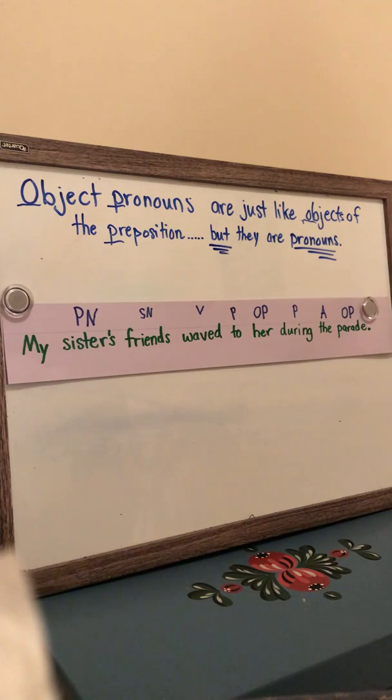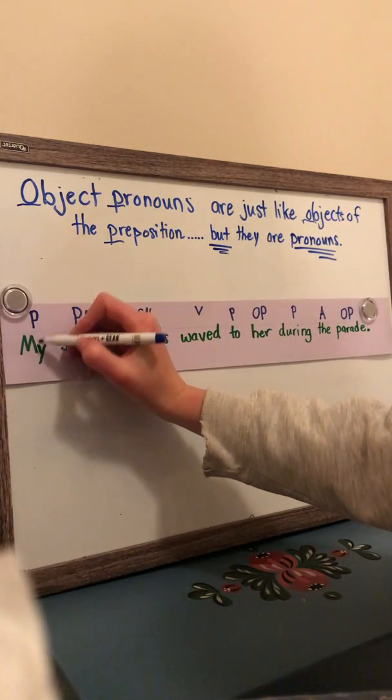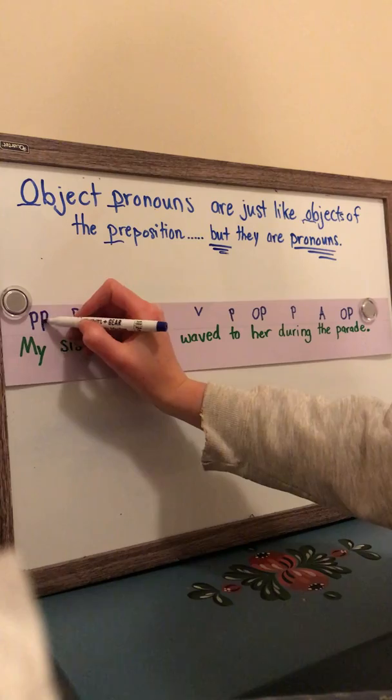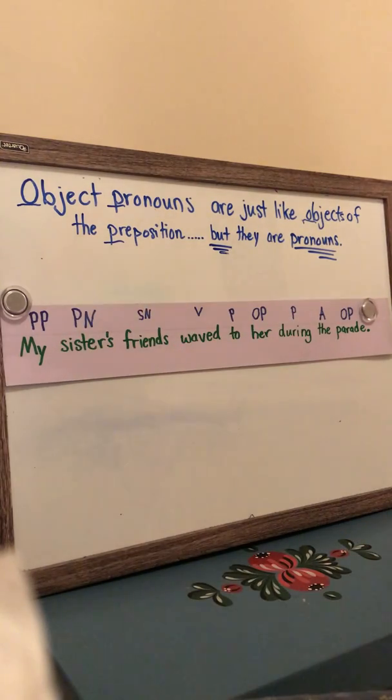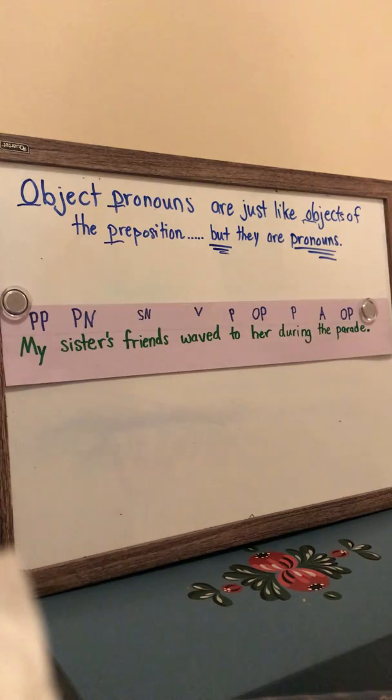The sisters own the friends. Whose sisters? My sisters, and that's a possessive pronoun because someone, my, owns sisters. And it's not a noun, so we have to put it a possessive pronoun. Awesome, we're going to end it right there. That's a great classification for our first sentence.